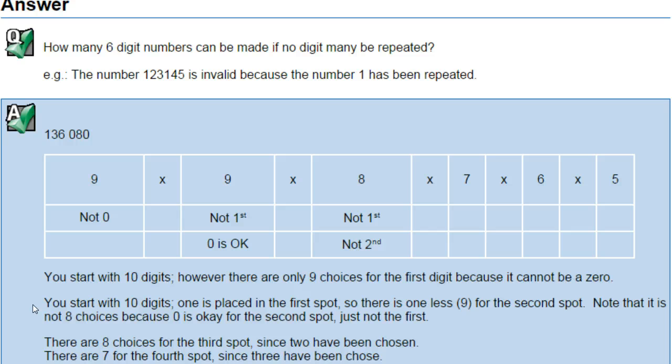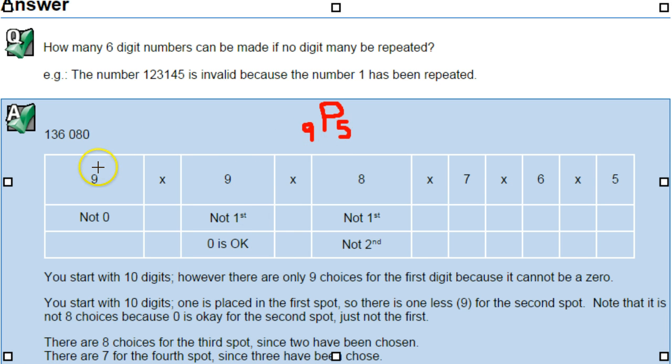Now, let's think about how we could use permutation notation here. Let's ignore this first digit for now, that confuses things. Second digit, we've got 9, 8, 7, 6, 5. This reminds me so much of permutation notation, where we start with 9 possibilities, and we're arranging 5 of them. 1, 2, 3, 4, 5. So in this case it would be 9 arrange 5, so we're dealing with 9P5.